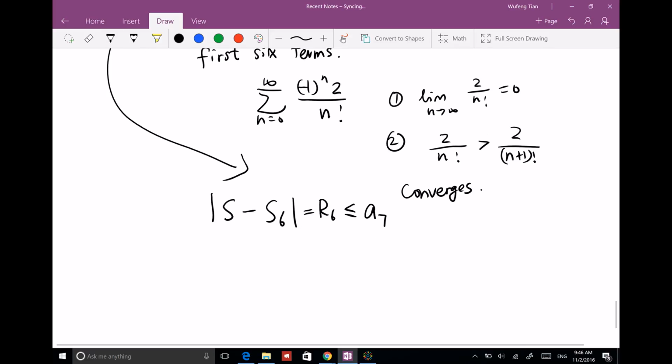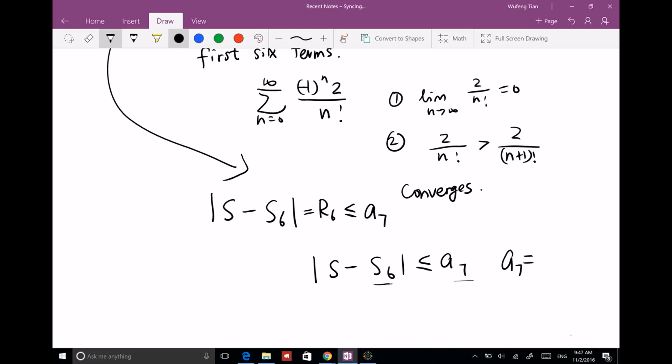Alright, so basically I got S minus S6 less than or equal to a7. Can I find a7? Yes, I can. Can I find S6? Yes, I can. Both are just a limited number of terms, right? A7 is just when n equals 6.